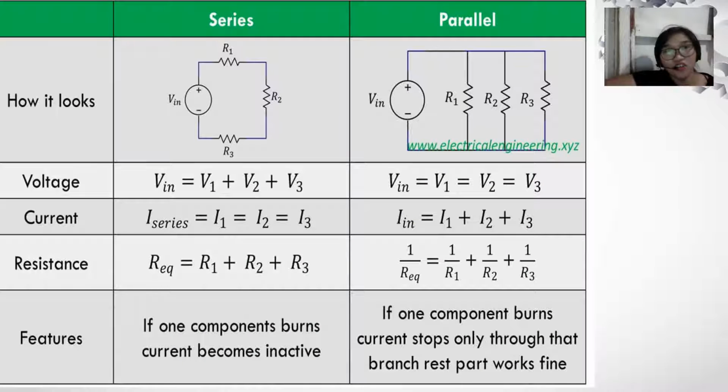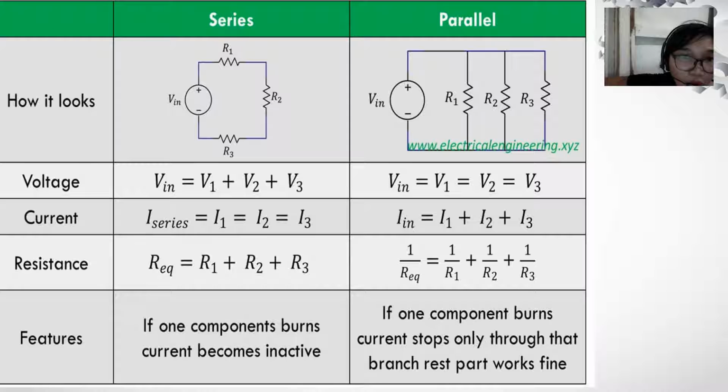So, just like I said here, we have series and parallel, and these are the formulas for voltage, current, and resistance. In a series, voltage in is equal to voltage 1 plus voltage 2 plus voltage 3. The parallel formula for voltage is different: voltage in is equal to voltage 2 is equal to voltage 3.